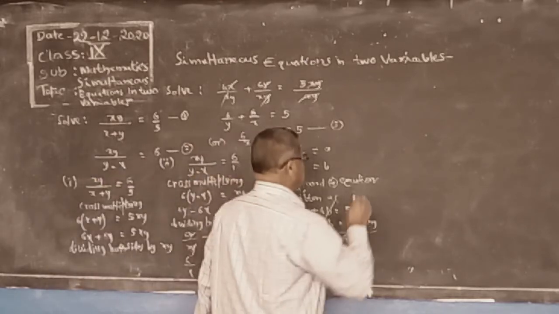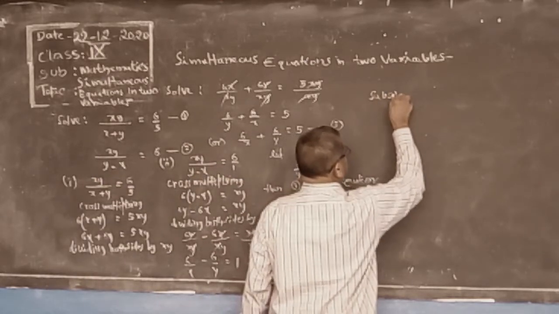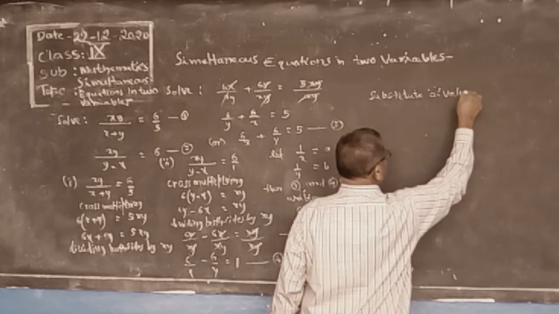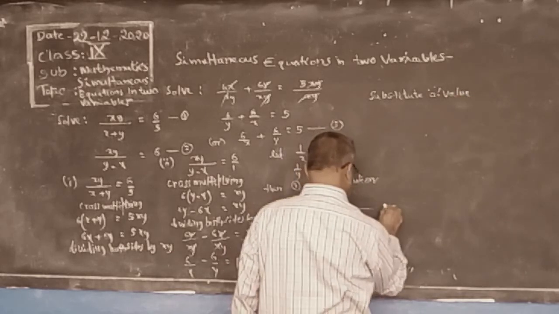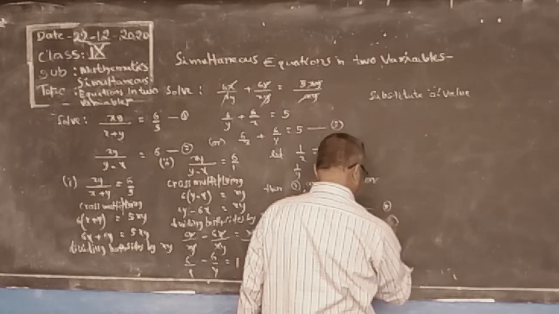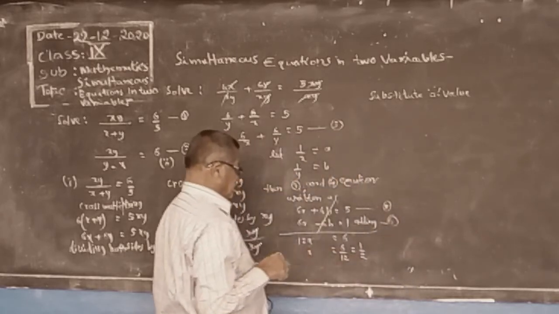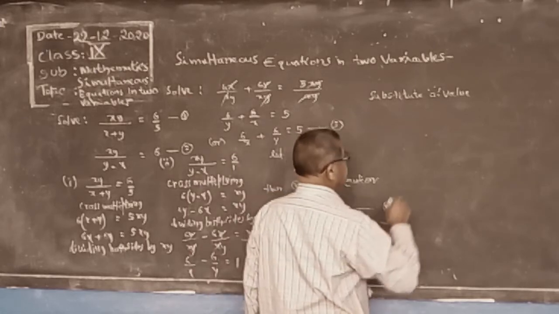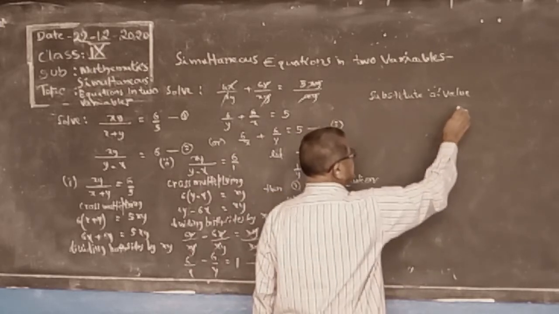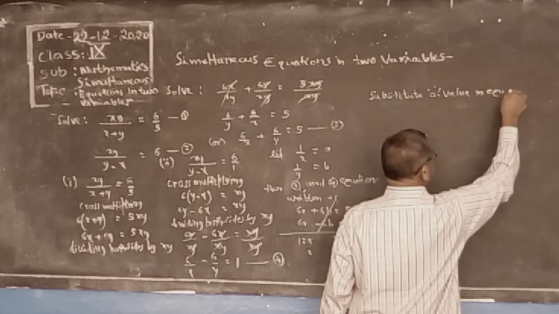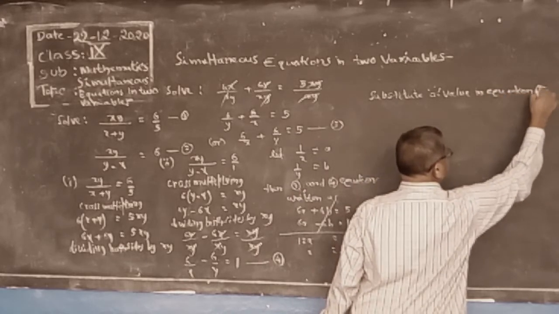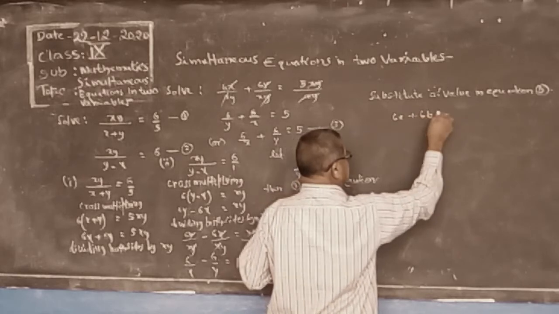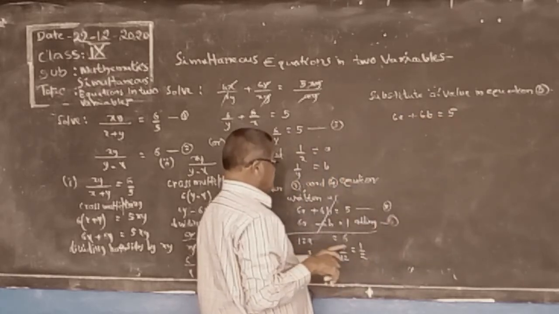Substitute the a value in equation 5. What is equation 5 here? 6a plus 6b is equal to 5, and the a value is half.